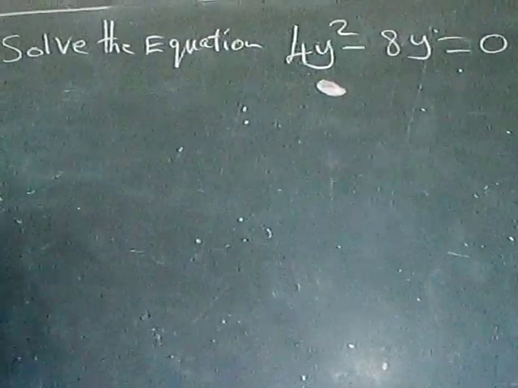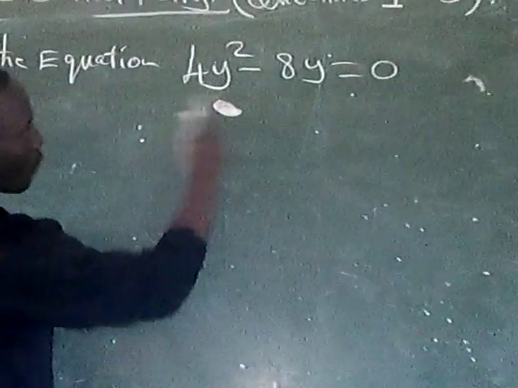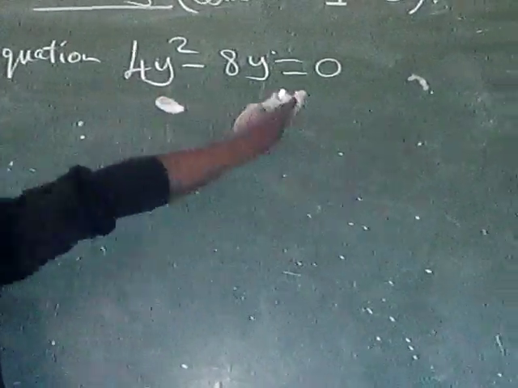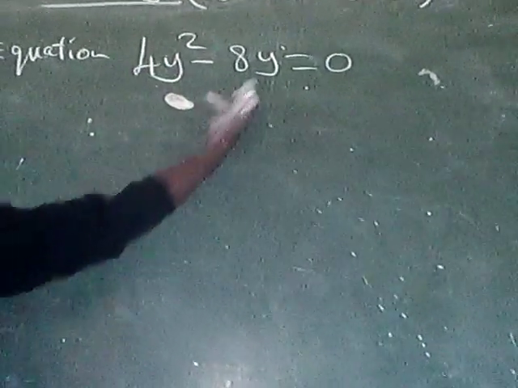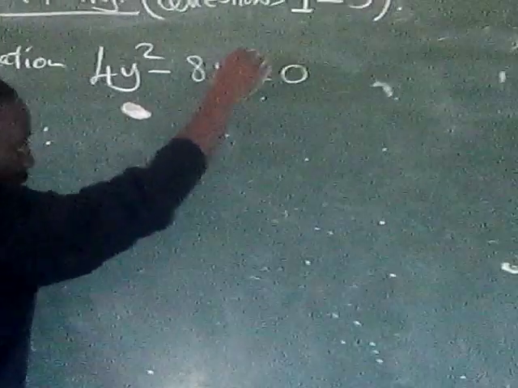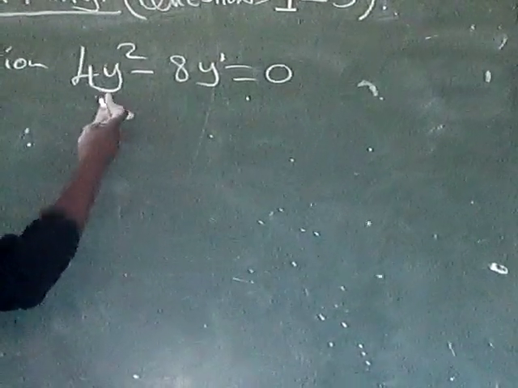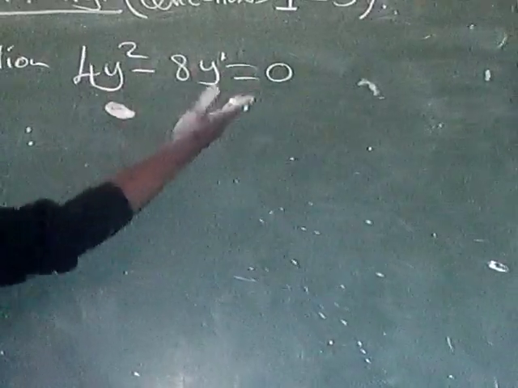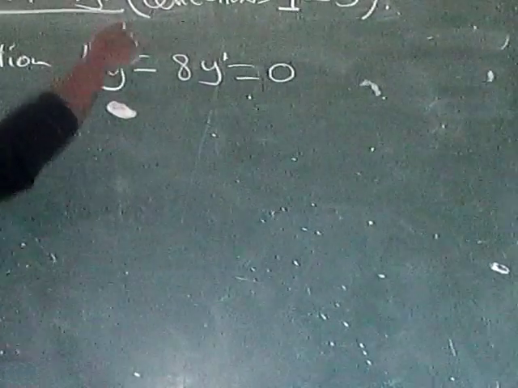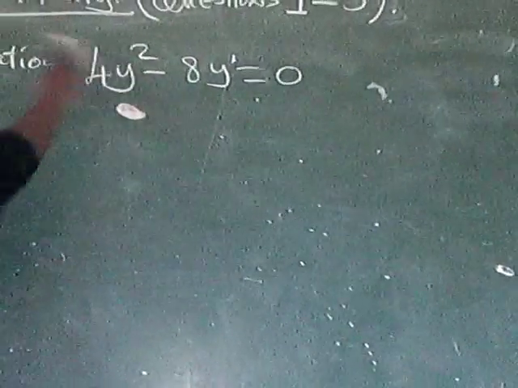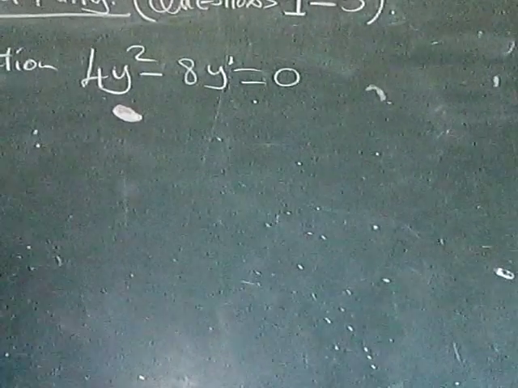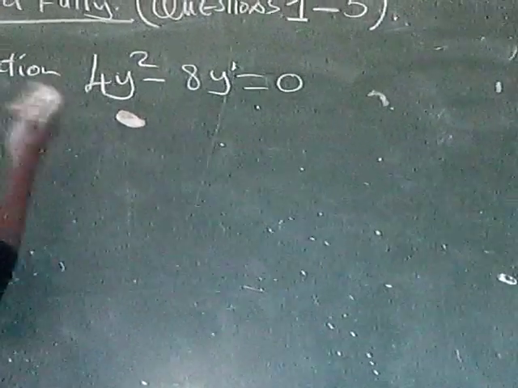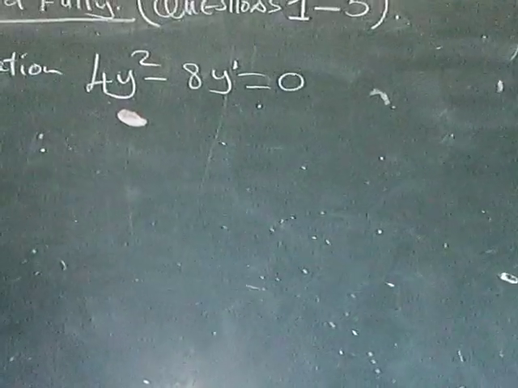This y is raised to the power 1. This other y is raised to the power 2. The highest power is 2. So this means this is a quadratic, which we are going to have 2 values of y. That's what it means always.